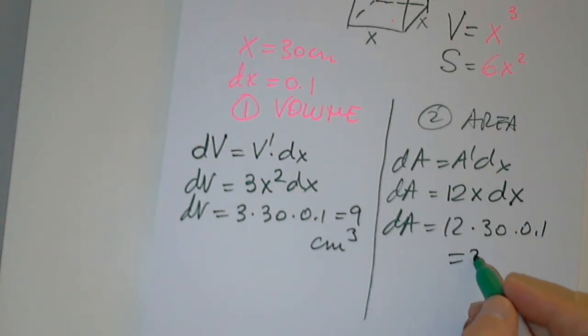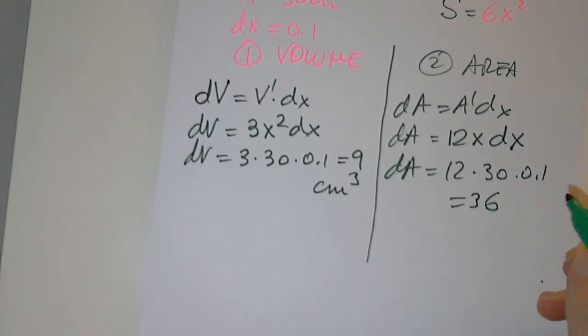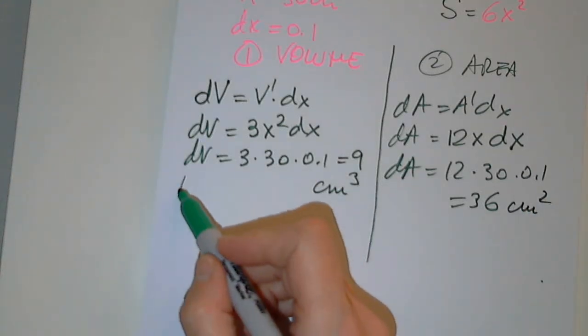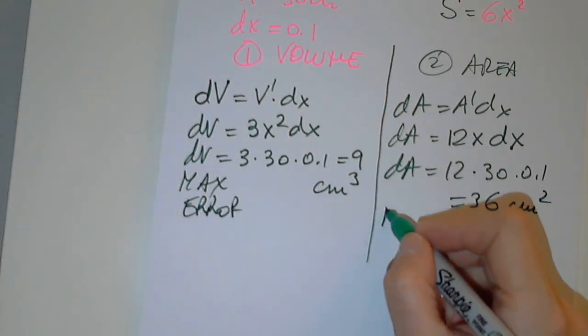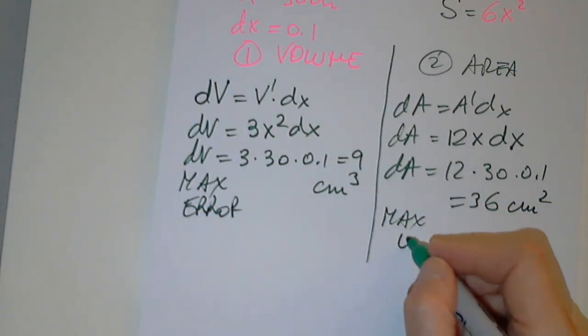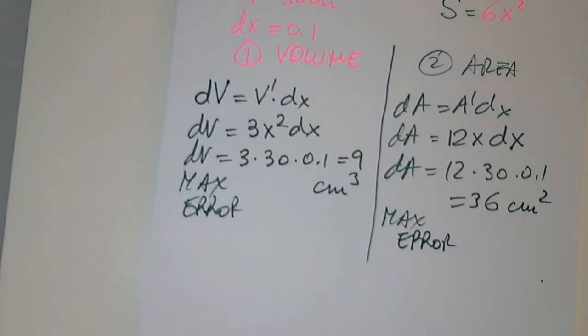Again, this is 36. Measurement unit? Centimeters squared. Very good. So this is the max estimated error. We're also asked to determine the relative error.